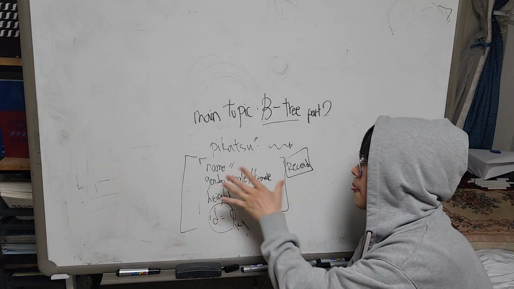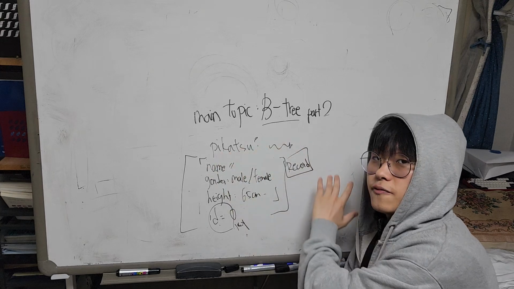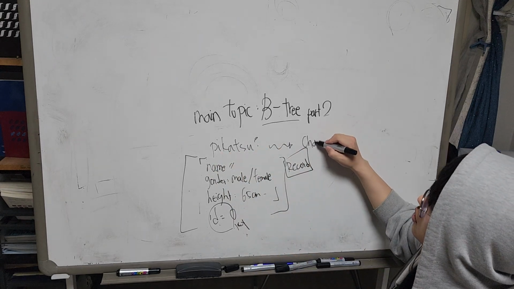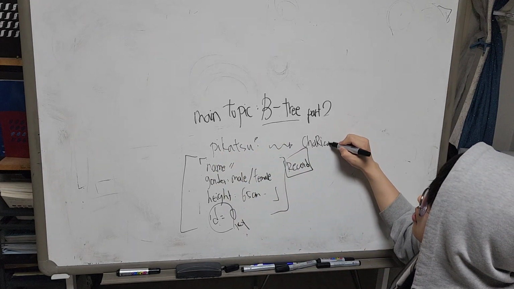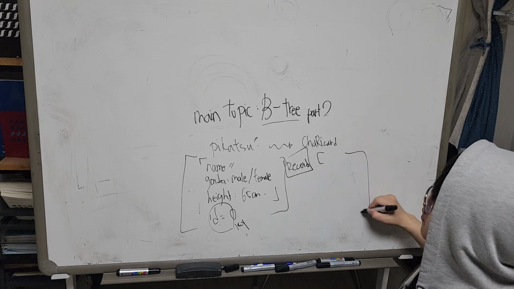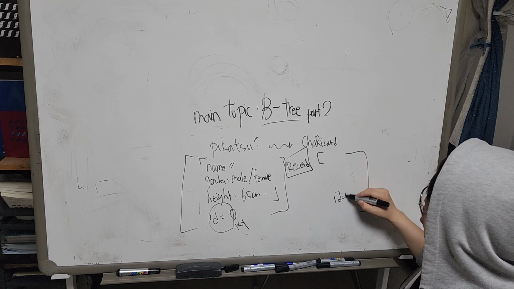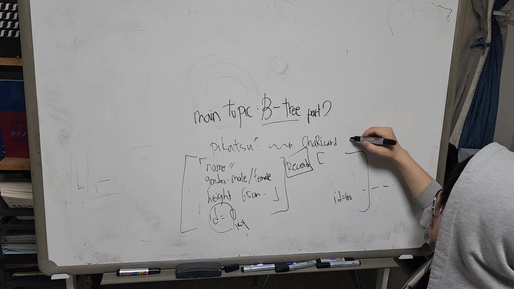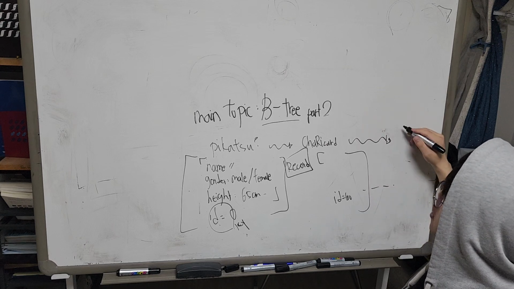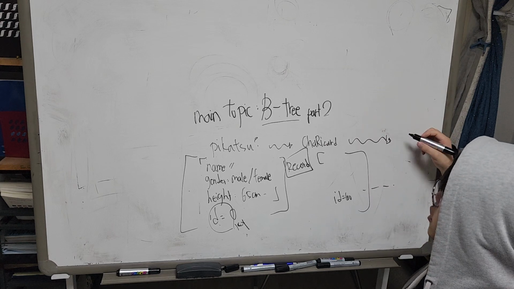Great. Now you have a bunch of Pokemon, for example Charizard, which of course has a different ID, like 100 or whatever. Let's say there's a bunch of Pokemon.